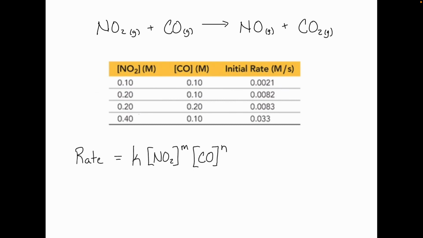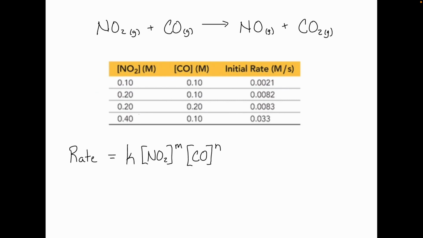Okay, so looking at this rate equation, now we have these 2 rate orders. So I use different variables, right? M and N. We would say that M is the order with respect to my nitrogen dioxide, right? Because that's what I'm raising to the power of M. N is then the order with respect to my carbon monoxide, right?